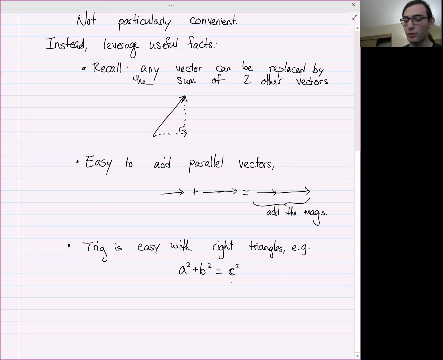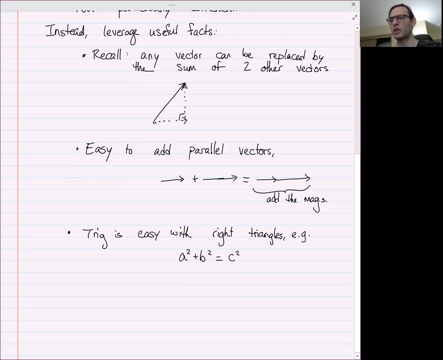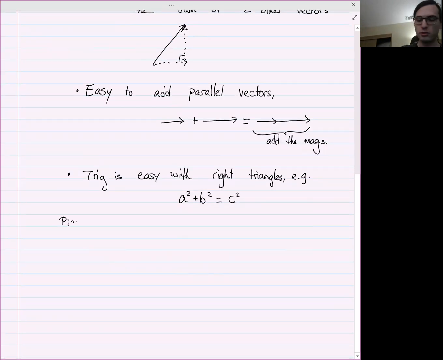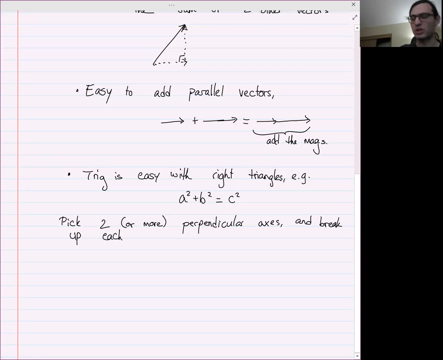So these three facts combine to give us the tools to easily handle vectors in an algebraic, symbolic way. The way that we do this is we pick two or more, if we're dealing with higher dimensional vectors, perpendicular axes and we break up each vector in our sum.